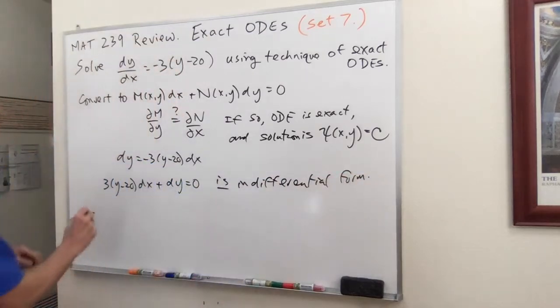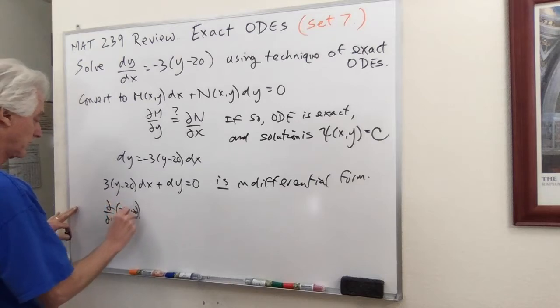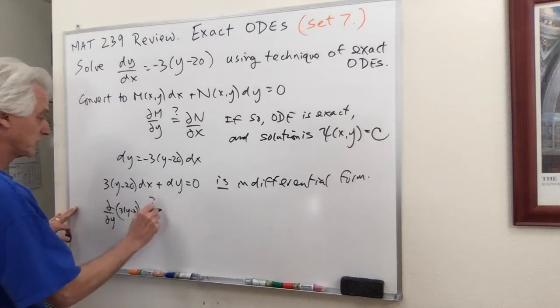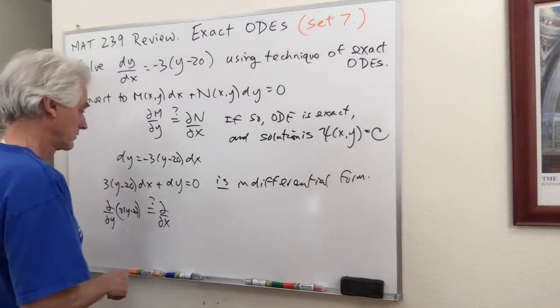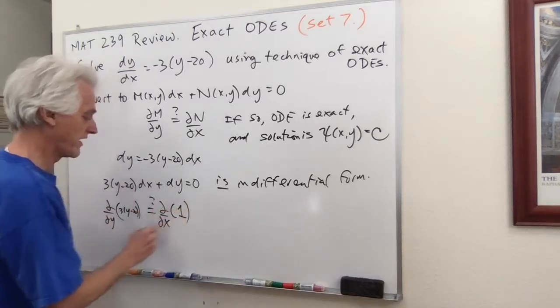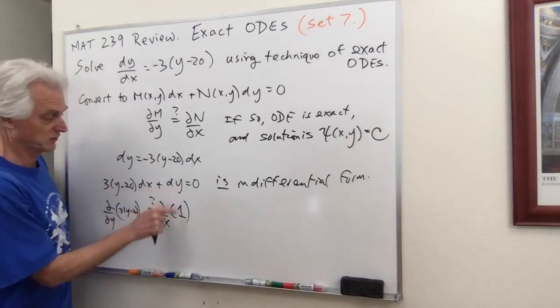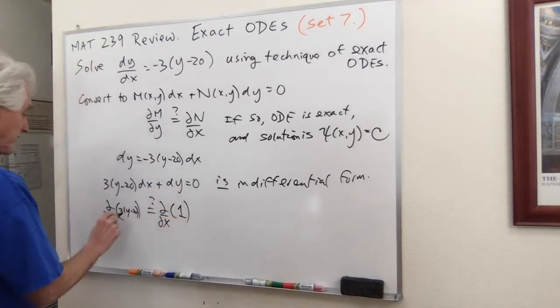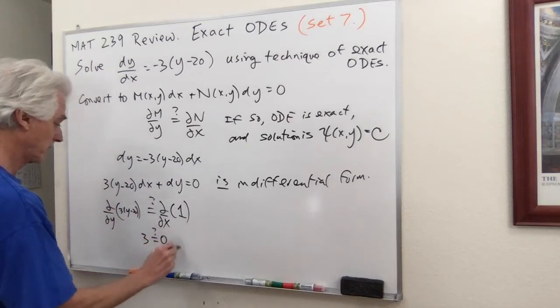So the question is, is the partial derivative with respect to y of this thing, 3y minus 20, equal to the partial derivative with respect to x of, I don't see anything there, but there really is something there. There's a 1 there, right? I don't see a coefficient, that means the coefficient in front of dy is 1. And then what is it? Is 3 equal to 0?